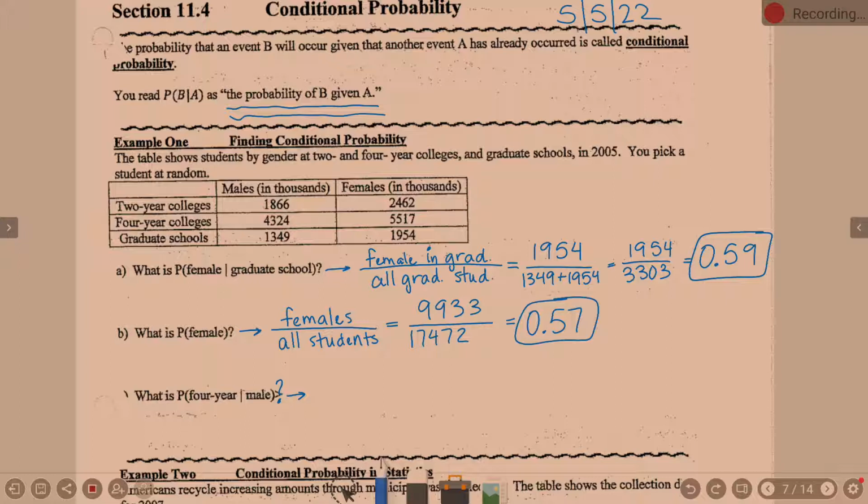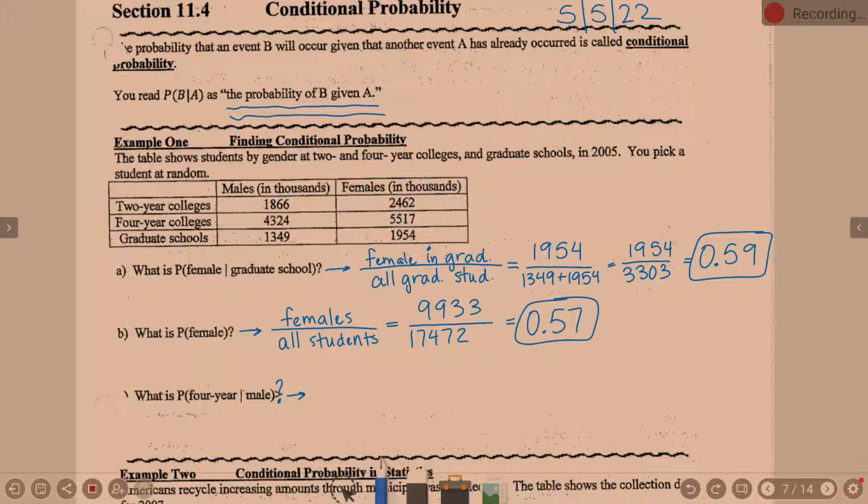Okay. What is the probability of a 4-year student, in other words, a student attending a 4-year college, given the student is a male? Wait, what? The 4-year and male? What would it be? Depends where you're talking about here.